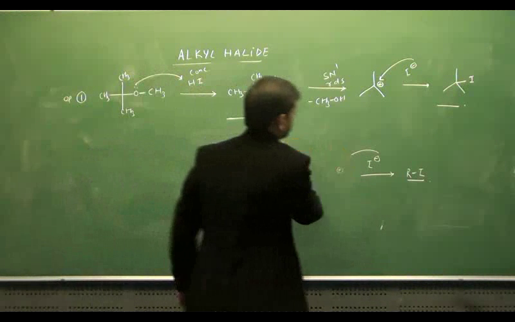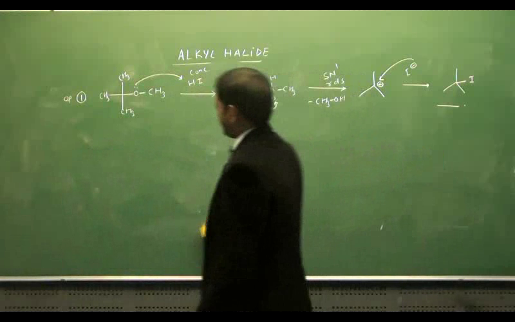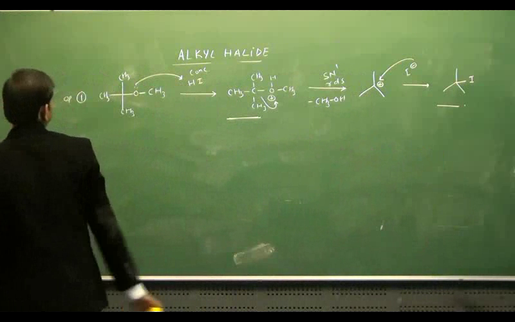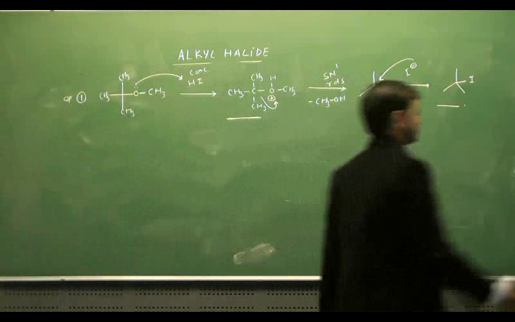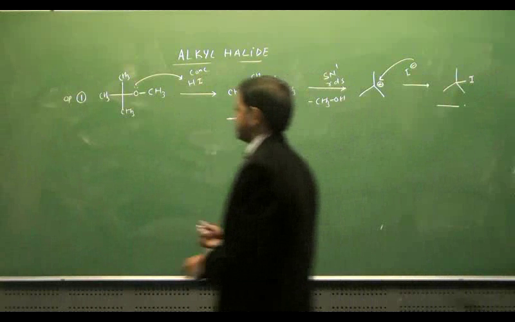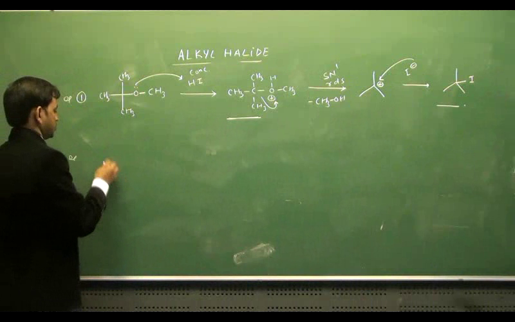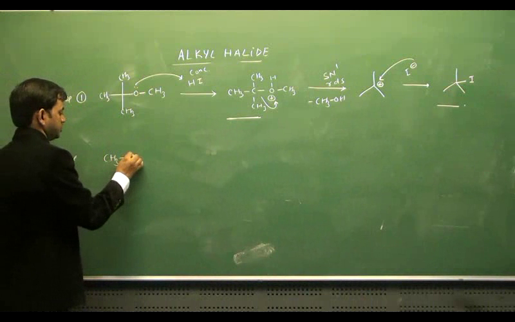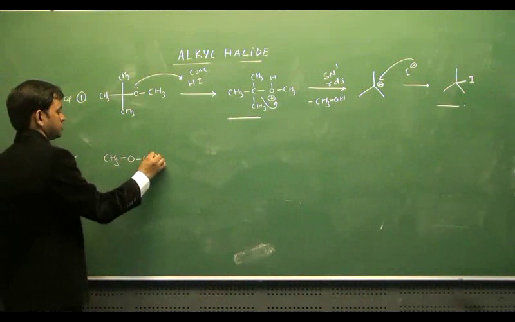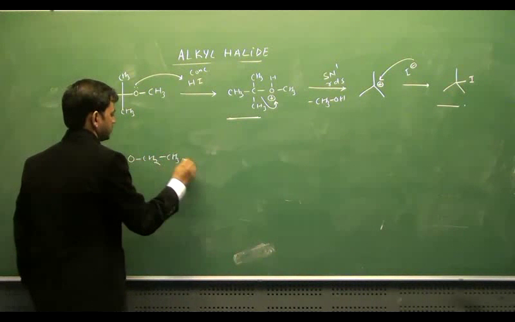See next, suppose it is anhydrous HI. In case of anhydrous HI, suppose the compound given is CH3OCH2CH3.